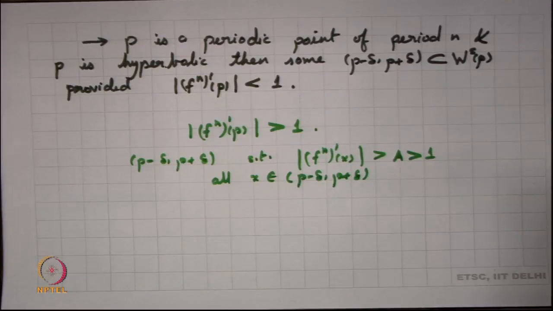Now what does this observation tell you? In that case, this particular interval will be contained in the unstable set of p.